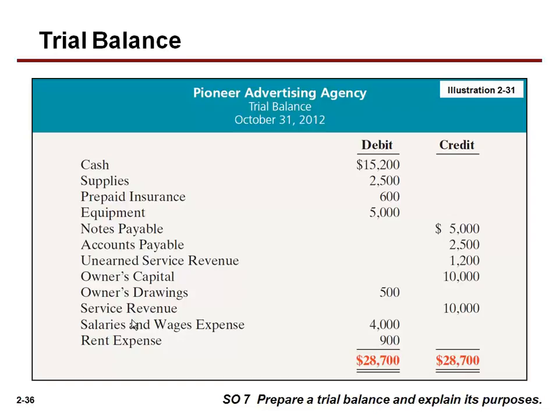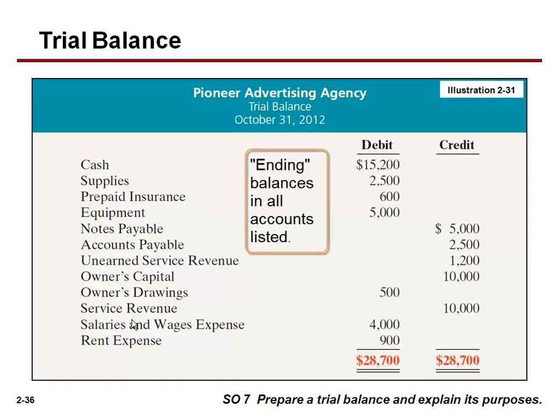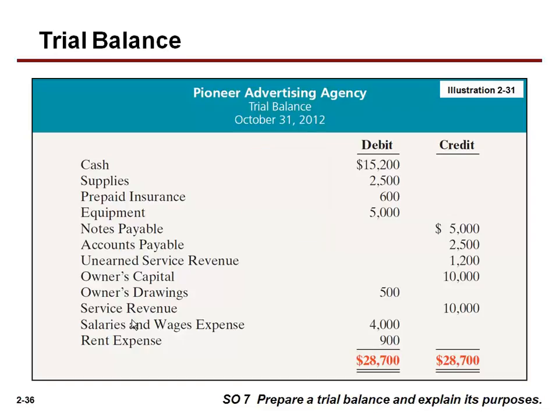Trial balances are assembled to ensure an equality of debits and credits, that no gross error has occurred in either recording journal entries or transferring those amounts into the ledger. In this case here, we have debits of $28,700 equaling total credits of $28,700. At this point, we have no reason to suspect any errors have been made in recording transactions. Although we should note that a balanced trial balance does not mean that all transactions were recorded correctly, just that the debits and credits declared were in balance.